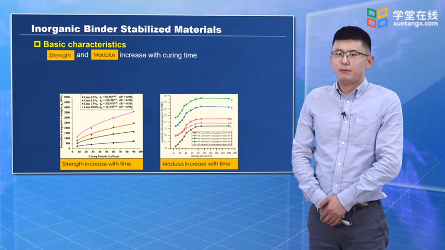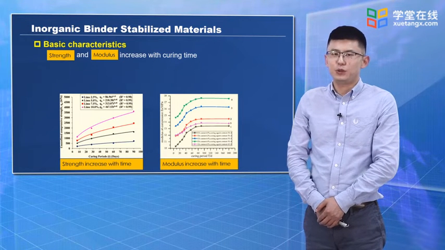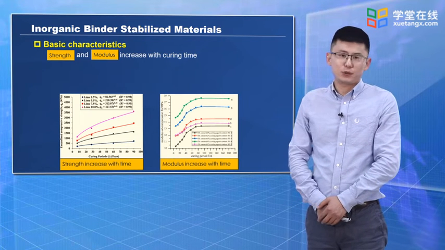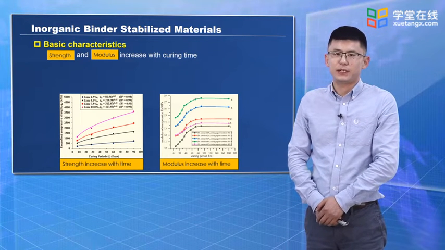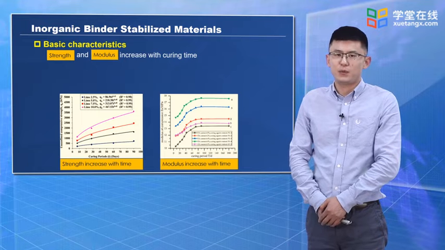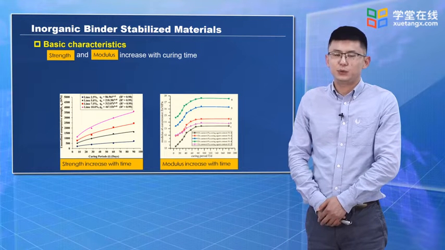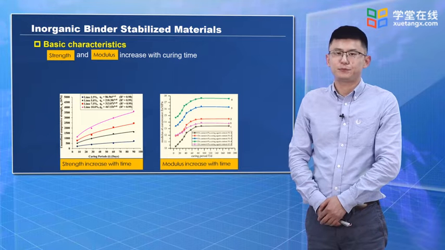At the bottom, we can see two pictures about the strength and the modulus increasing with curing time. You can see that from day 1 to day 90, it will continuously increase. And after that, the increase in strength or modulus will be slower.